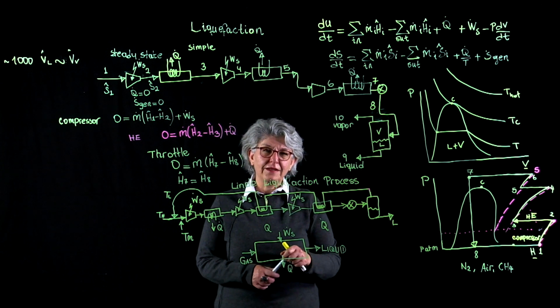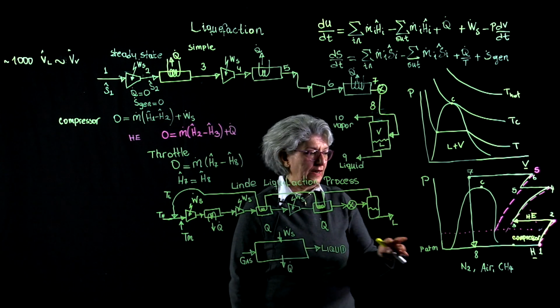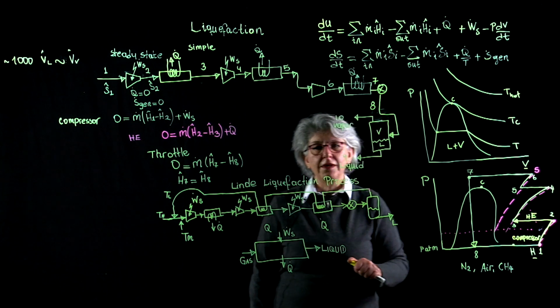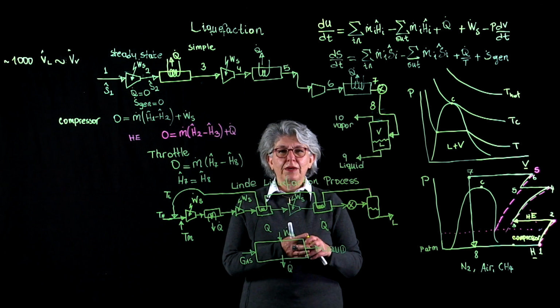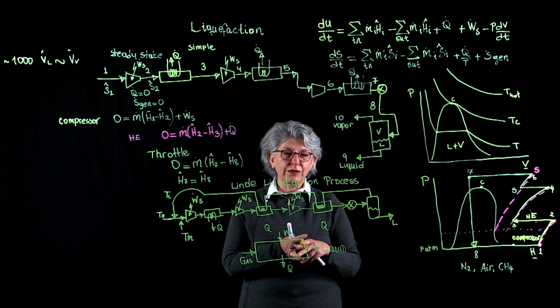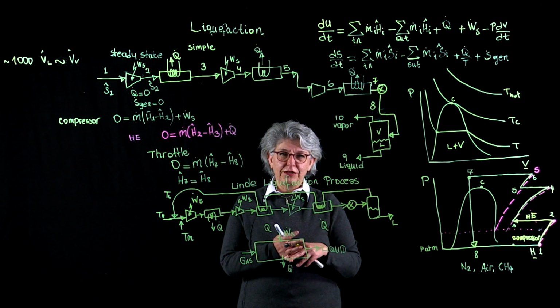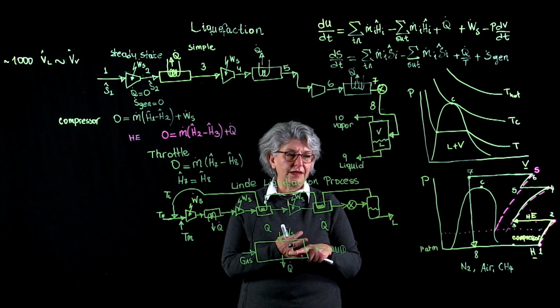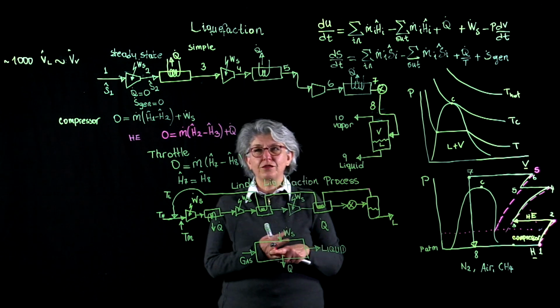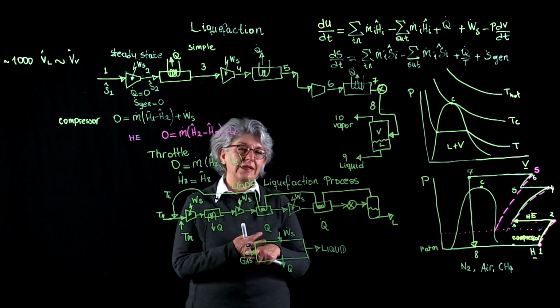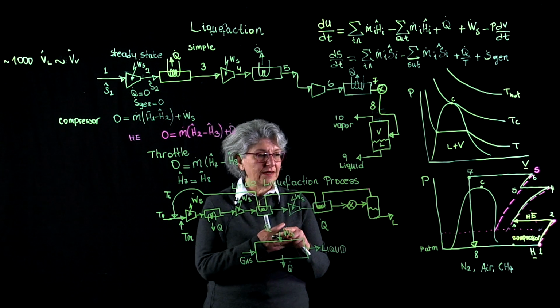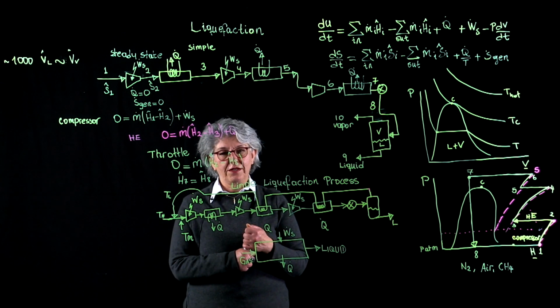For many other gases they are also available, but in our textbook these are available. So we are going to work on nitrogen liquefaction, methane liquefaction, methane for natural gas, for compressed natural gas or liquefied natural gas, and air liquefaction process.